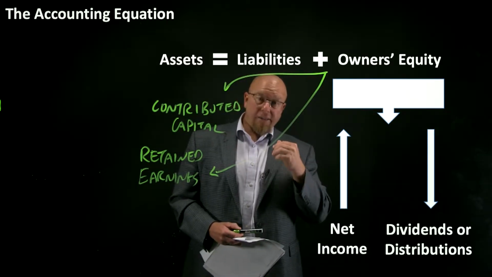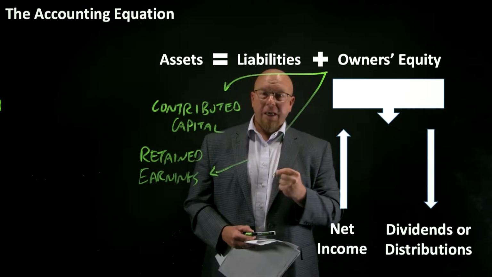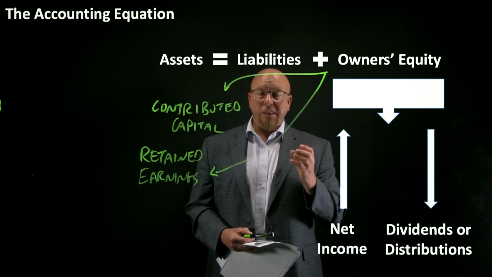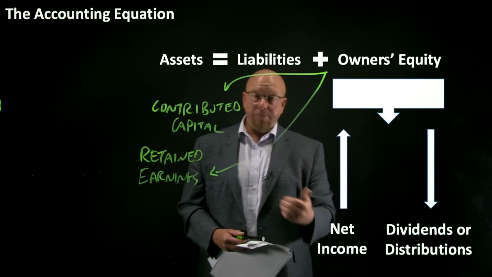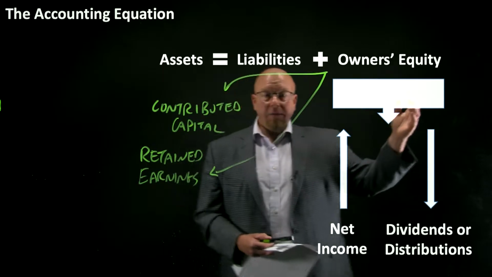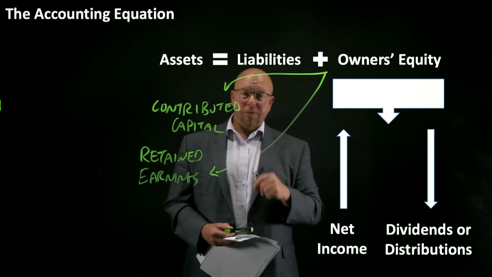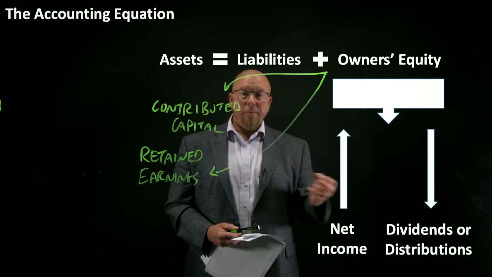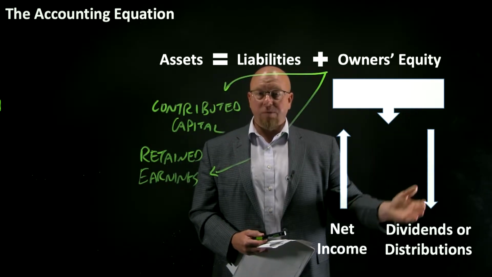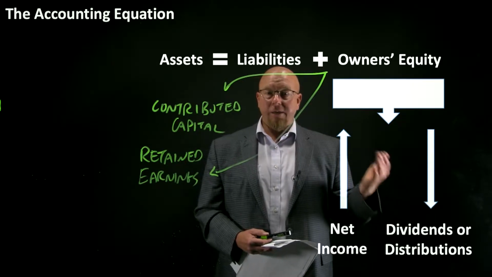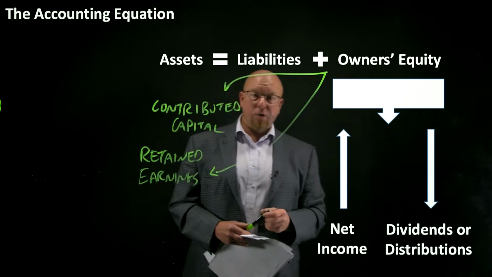Now, as the company generates those profits, if the board of directors elects or makes a resolution to issue a dividend, they declare a dividend, then what would happen is, possibly, this is not a guarantee, if you're a shareholder, you're never guaranteed a dividend, but if it does happen, what would happen is the retained earnings balance would decrease, and that would be offset by probably a cash payment to the shareholders.